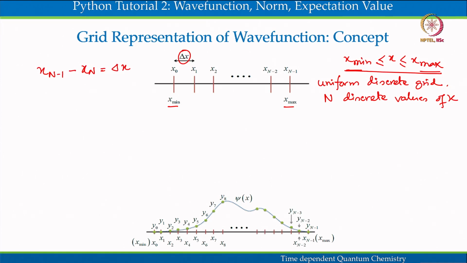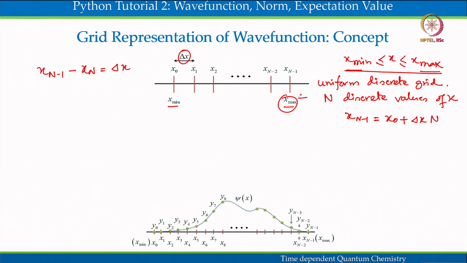And this xn minus 1 is the final grid point, which is the x maximum, that we can get by taking x0 plus delta x multiplied by n.